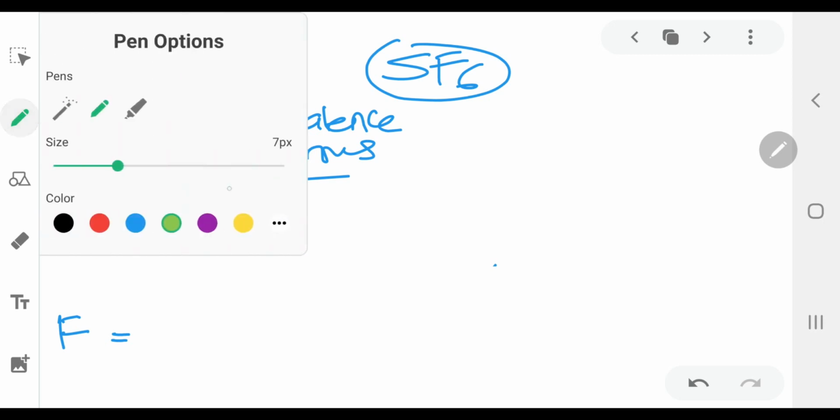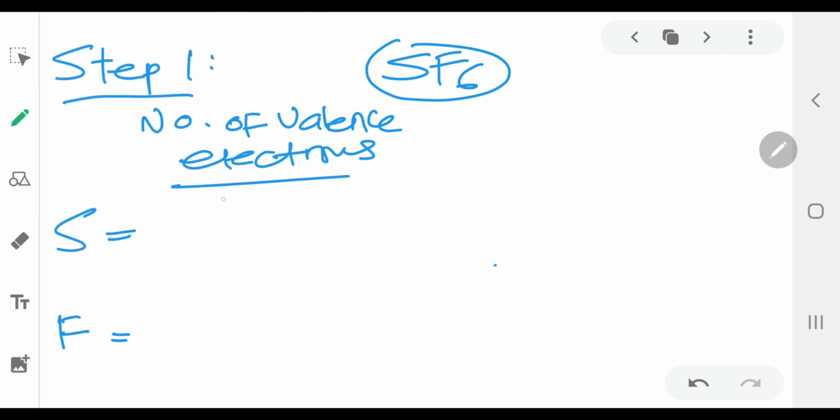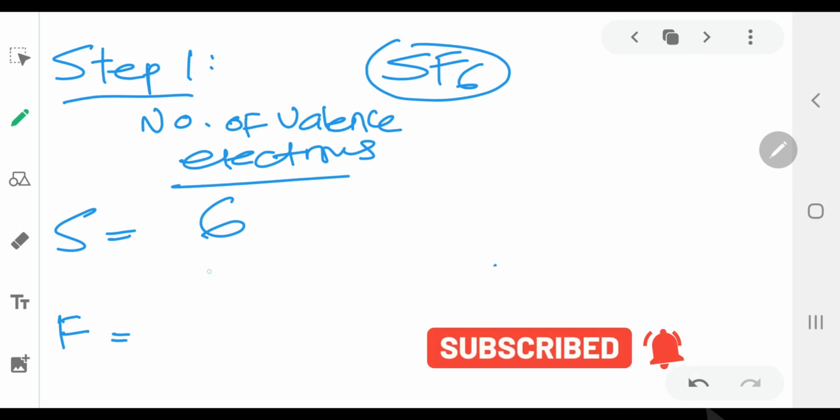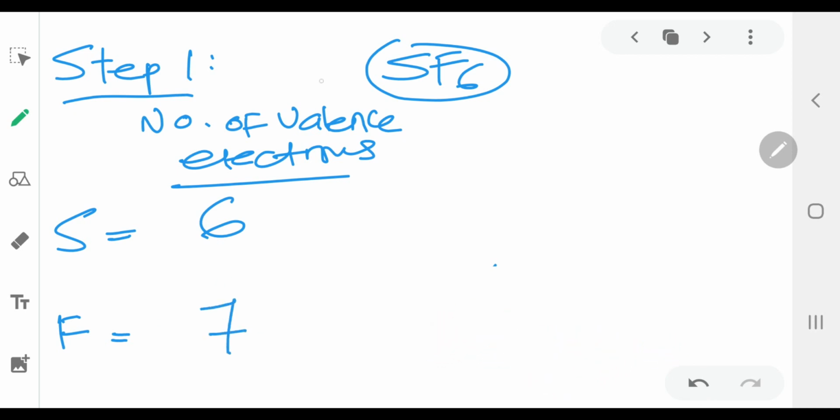Just now we have identified sulfur will have 6 valence electrons because it is situated in group 16, or alternatively you can write down the SPDF notation, and then from there you will be able to find out the valence electrons. And so fluorine, which is in group 17, will have 7 valence electrons.